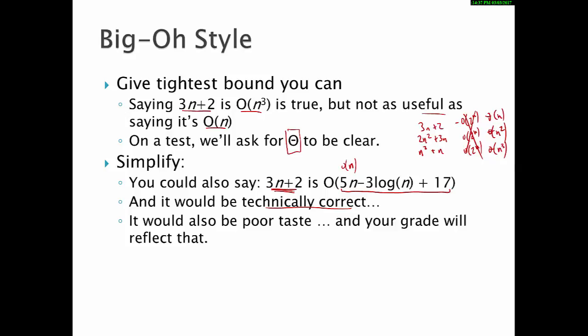So I would say that if you were to write something like that, it would be very much in poor taste. And you might put your grader in a bad mood, and if your grader's in a bad mood, they might take off some extra points even though your answer was technically correct. So please, when you're picking your g of n, pick something that's as simple as possible. That'd be great.